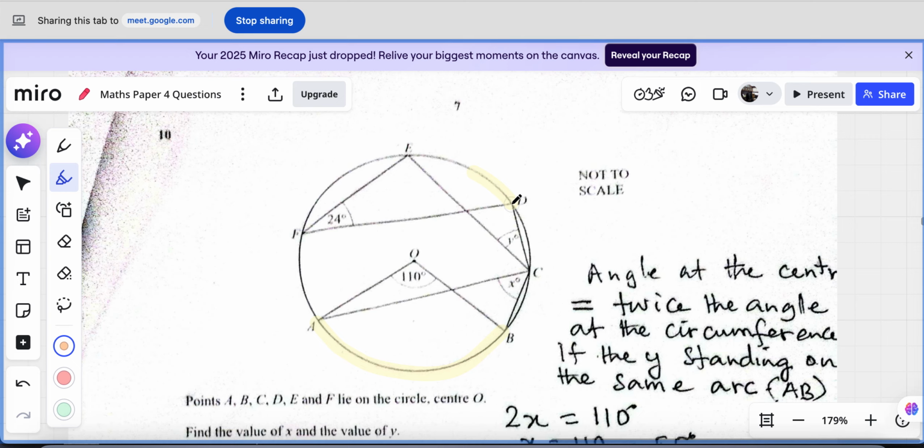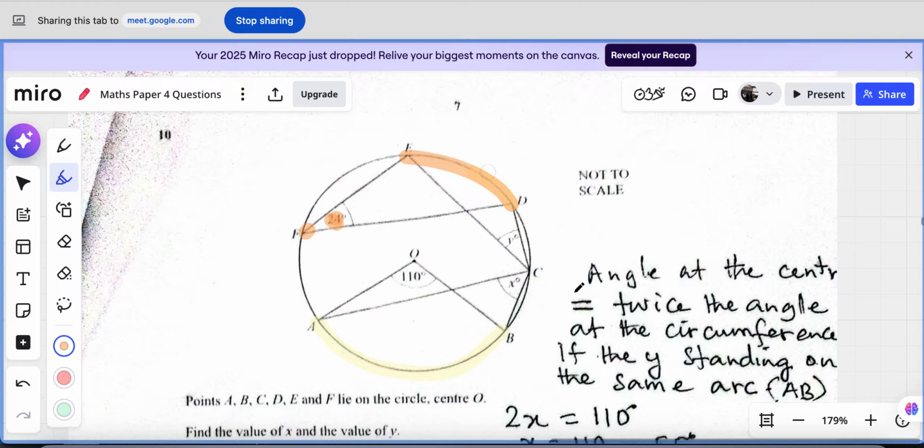Now you can see this one, arc DE. This arc, you can see this angle 24 is standing on this arc DE, right? It is an angle on the circumference. This angle is on the circumference and is standing on this arc DE.